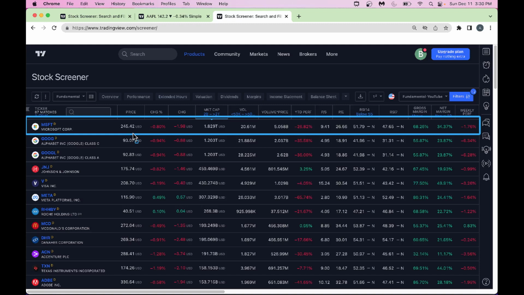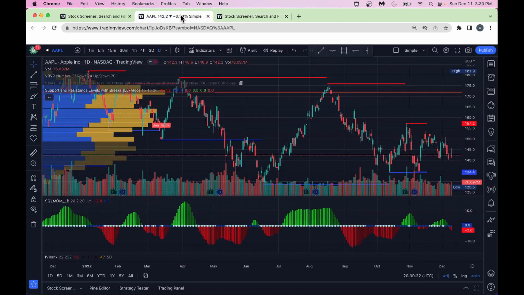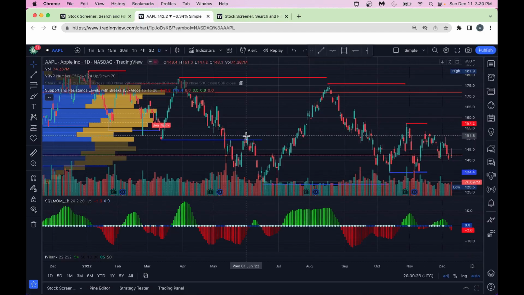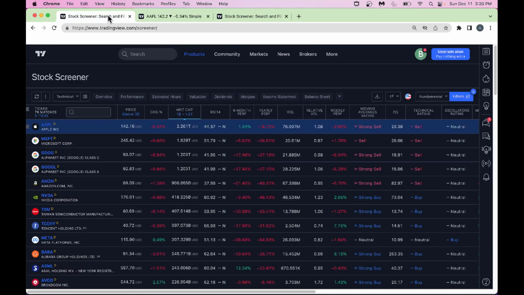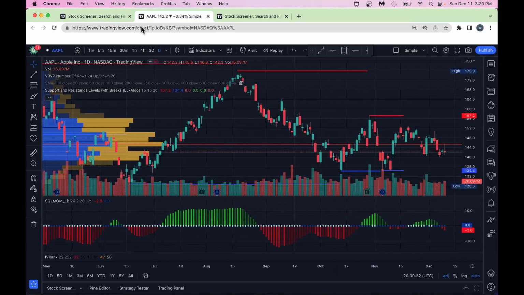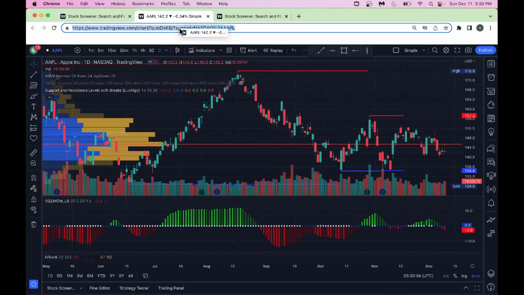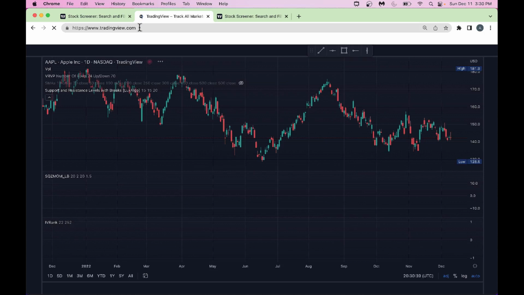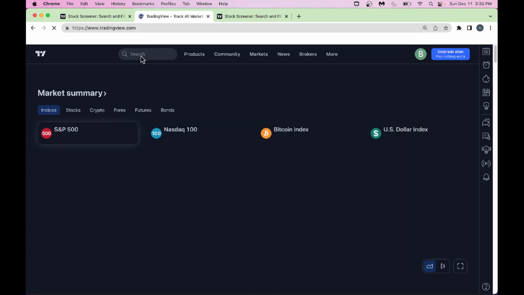then you'll show Apple in your screen. As an example, if I take you to Apple here, let's go back here and I will just search for Apple. Let's go back here and go to tradingview.com, and there you go. Let's bring up Apple just to tell you why Apple is not showing up here.